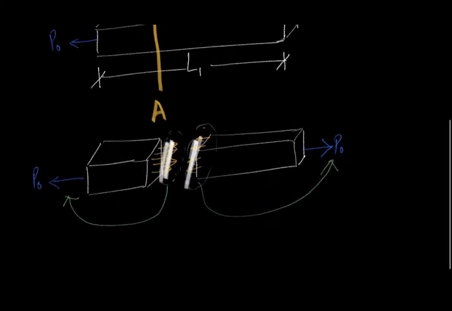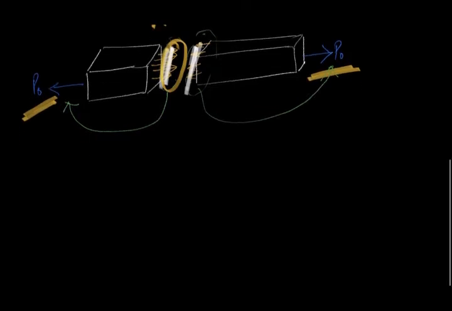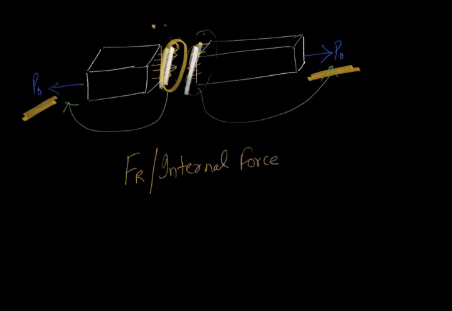Because in order to come again under equilibrium, these internal forces which develop within the material will always try to counteract these forces. And since these internal forces are distributed over an area, say A, we say this is stress, denoted by sigma.